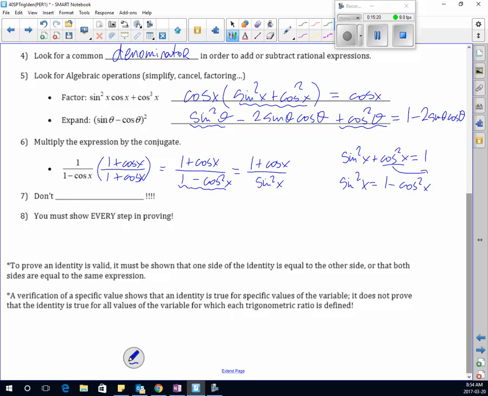Number 7 with 4 exclamation marks would be: don't. No, you want to cancel. Don't introduce dividing, meaning don't try to divide both sides of this fraction by sine theta or something.